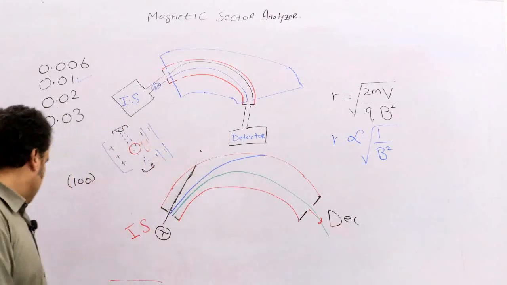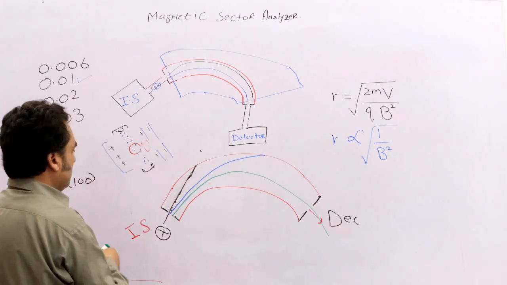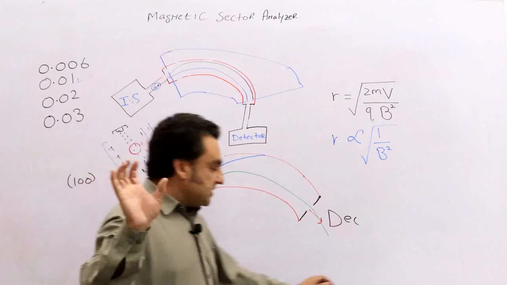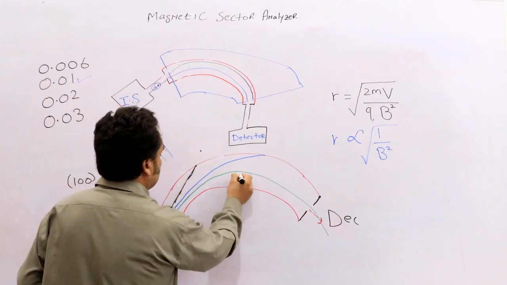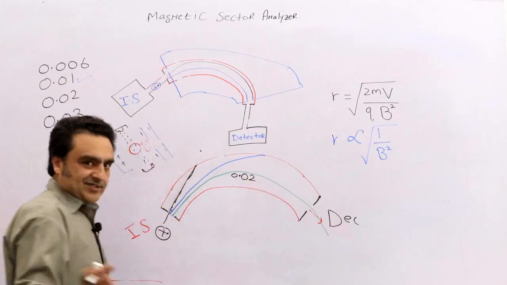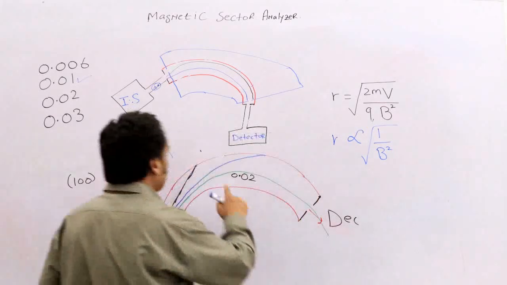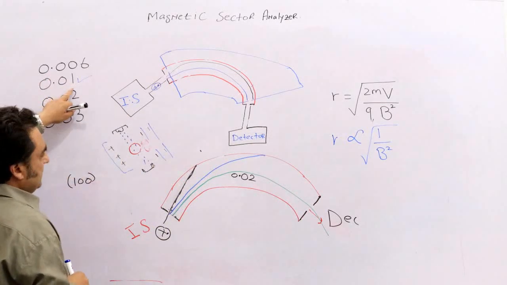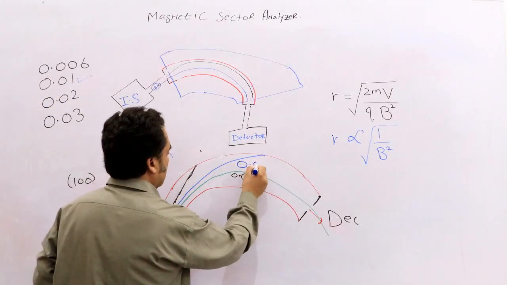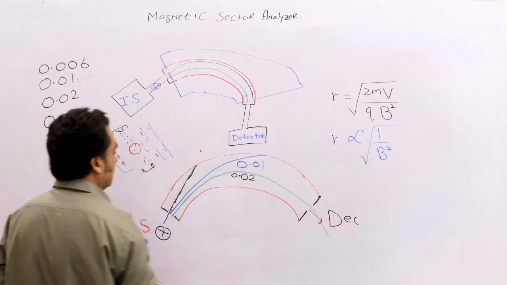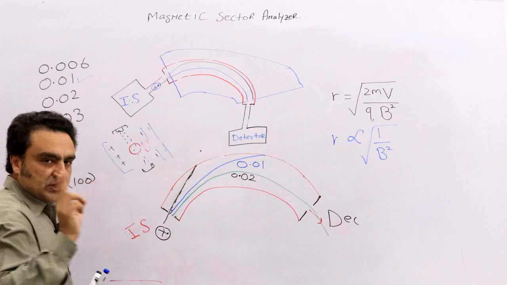These are all just random values. This is a value of 0.02 Tesla or something. Forget about the unit. The blue one has a value of 0.01, and this black one is the same molecule.